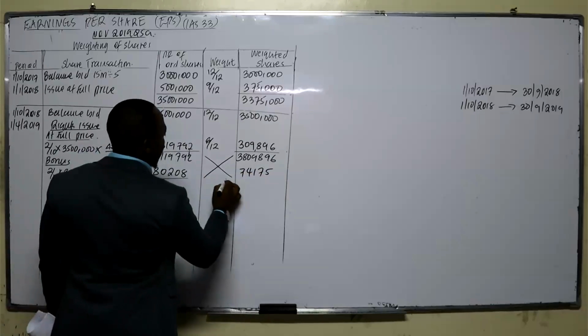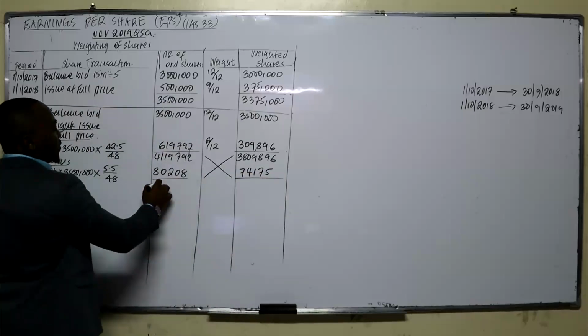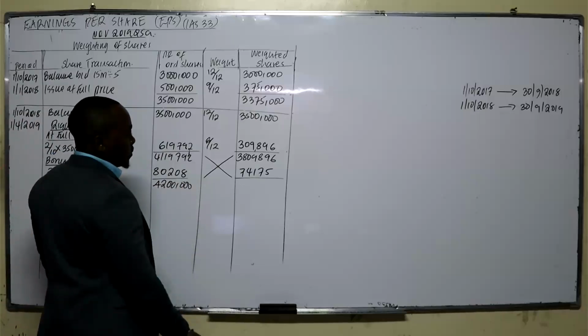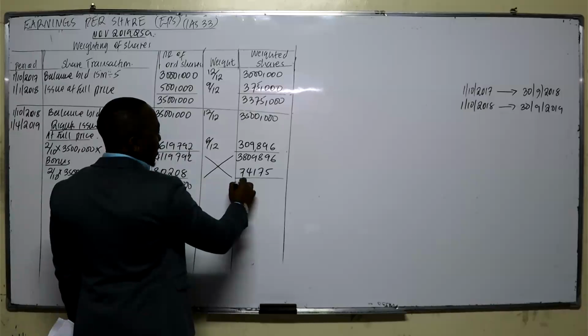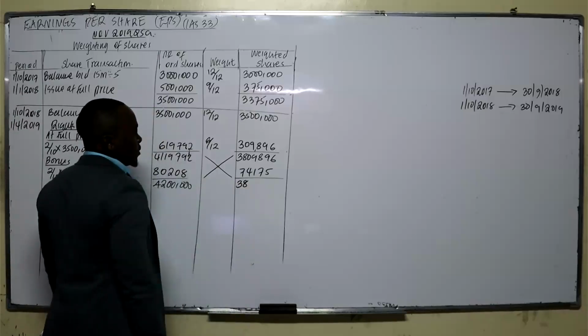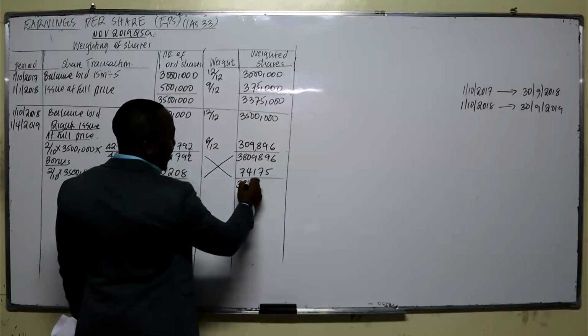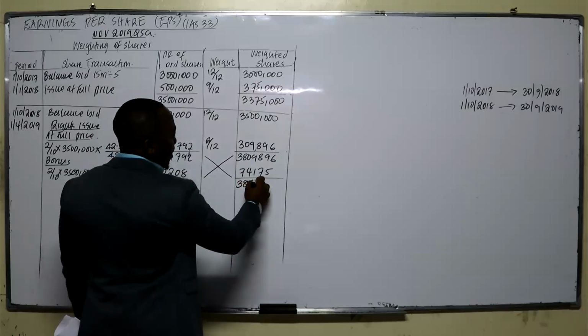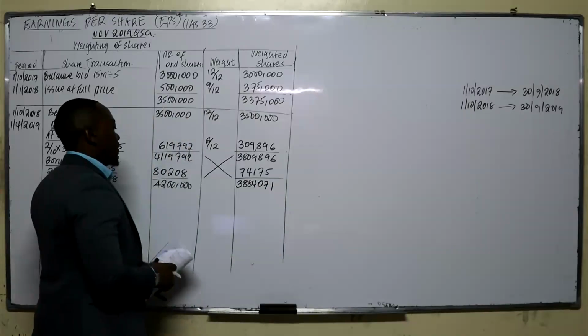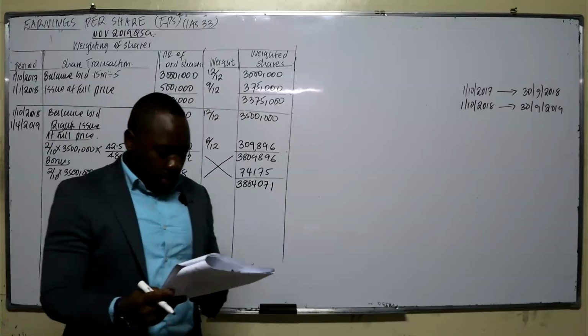Then after every share transaction, you sum up. This is 4.2. What about that? 38? 38? 84? 070? 071. Good. Number 4.